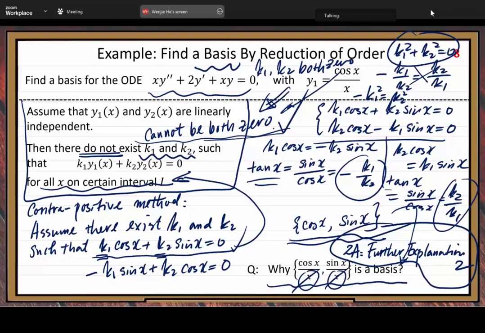So assume there exist k1, k2 not both 0, because both 0 is not allowed.